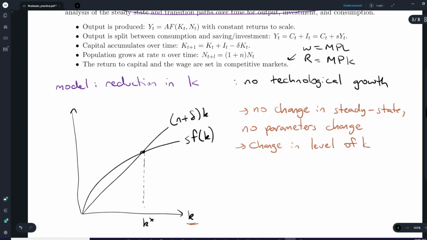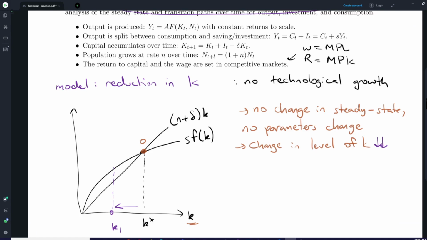So if you think we started here at time 0, for example, you might think that at time 1, we started somewhere like here, where we are retiring a chunk of the capital stock due to the environmental agreement. We are going to voluntarily turn off some of our factories, reducing the capital stock available to us.